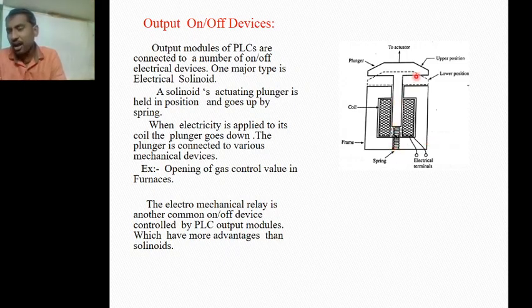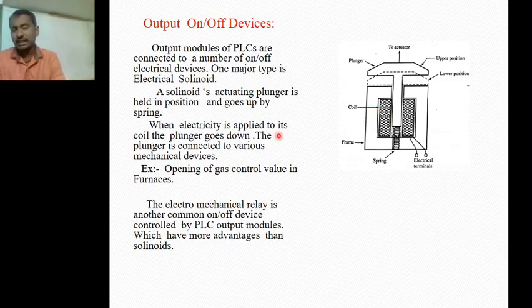When the plunger of the solenoid moves upwards or downwards, a particular motor switch will be on, or a particular operation will be on. Why? Because this solenoid can act as a mechanical switch. In addition to the solenoid, electromechanical relays are also used as output on or off devices.